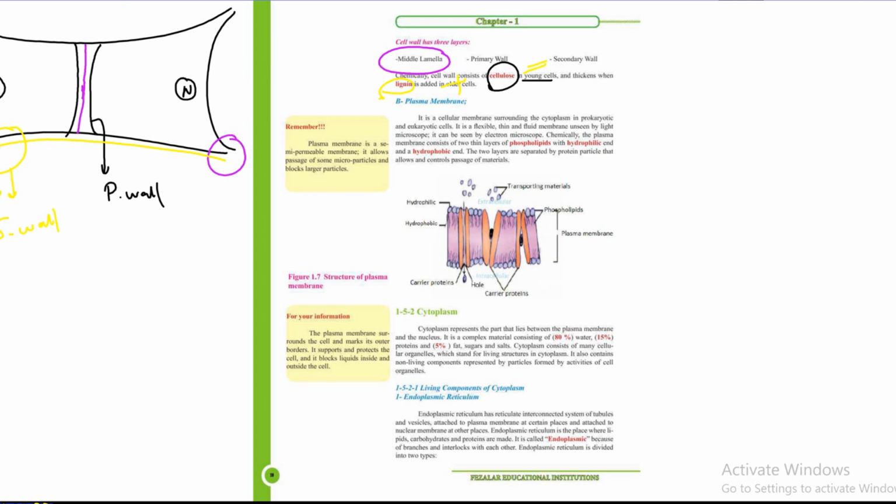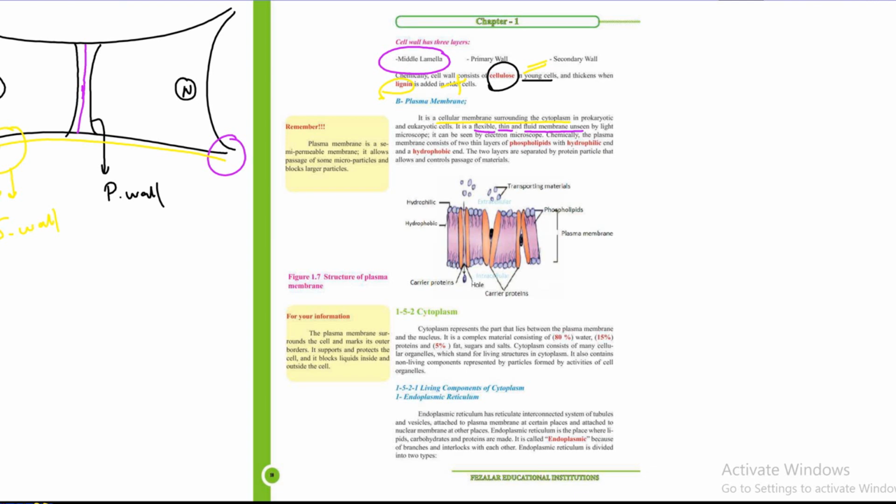So as we move from out to in after the cell wall, we meet the cellular membrane surrounding the cytoplasm, which is a flexible, thin, and fluid membrane, unseen by the light microscope but can be seen by the electron microscope. If we compare, the cell wall can be seen by the light microscope.